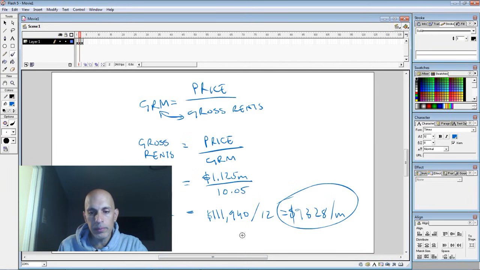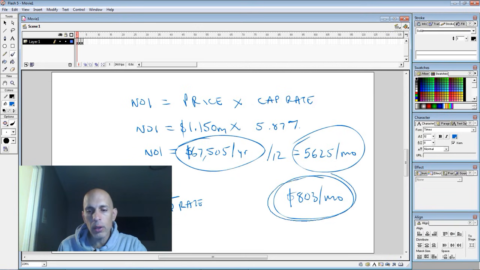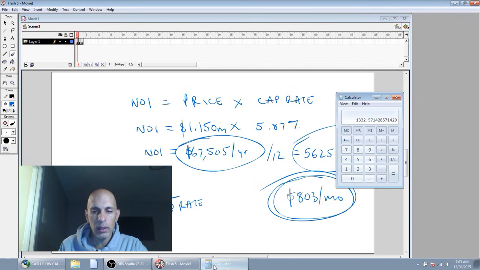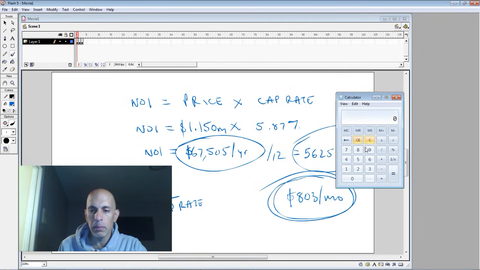But yeah, we're going to use 803 as the monthly baseline. 803 times 13 for the NOI. That gives us $10,439 divided by a 5.87% cap rate.